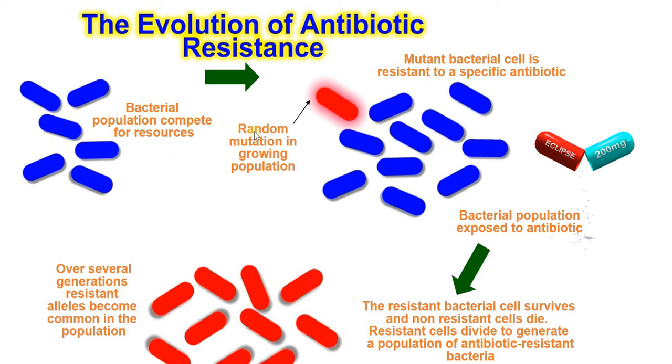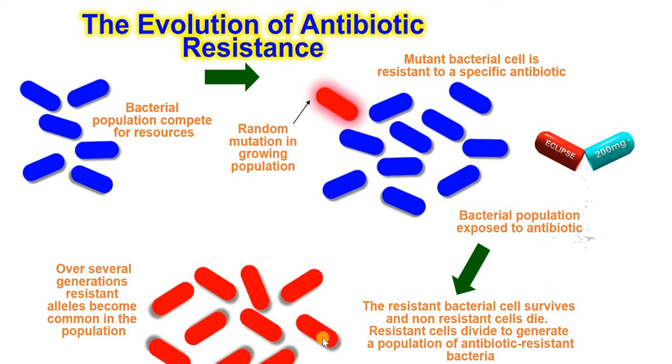You get mutations, so a change in the DNA, and that might make one of these bacteria resistant to the antibiotic. So when you treat this population containing both some resistant bacteria and the normal population, the normal population dies, and the population with the resistant allele will grow and reproduce.